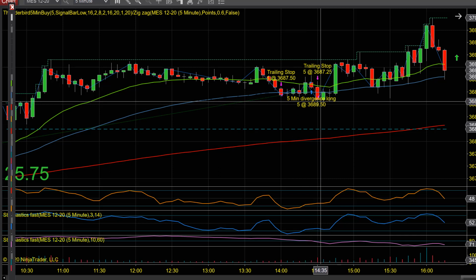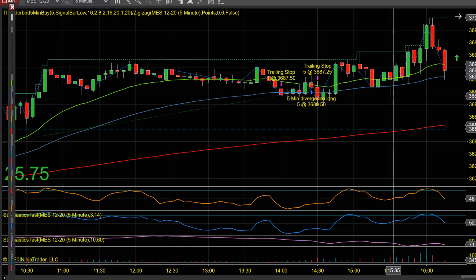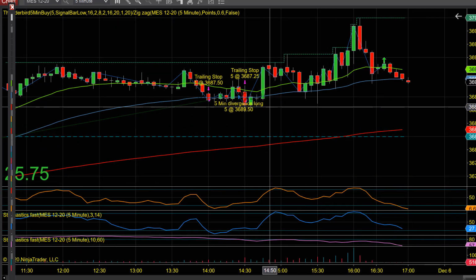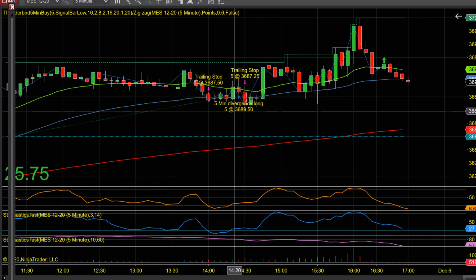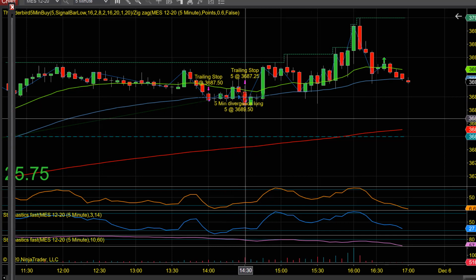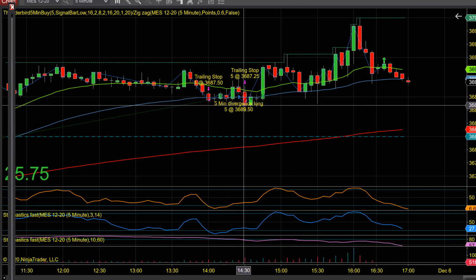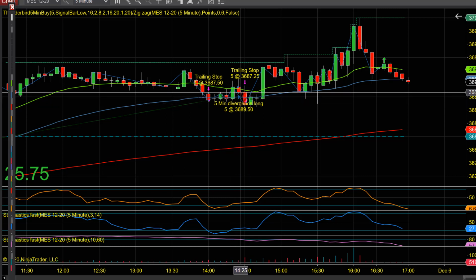I see the divergence right here. I do see it. It should have worked, actually. I think it just came down a little tick underneath that candle.